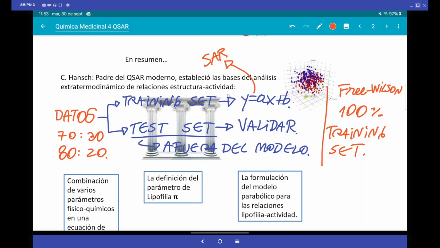And on the other hand, you will be able to predict biological activity. That is why the QSAR is so important, because if one predicts, one is not going blind.